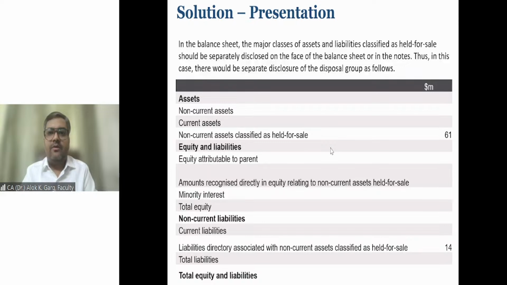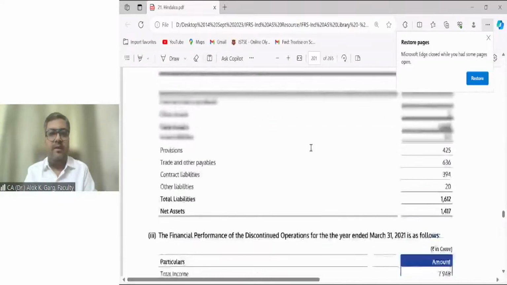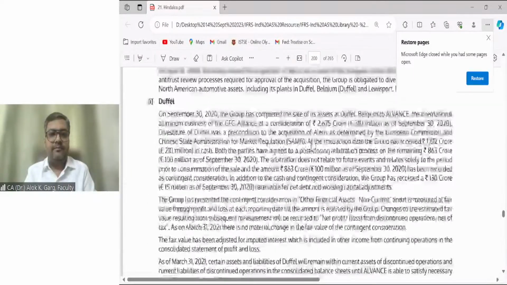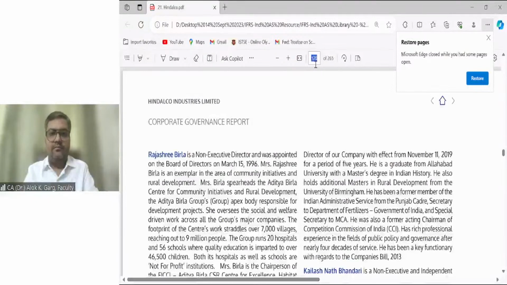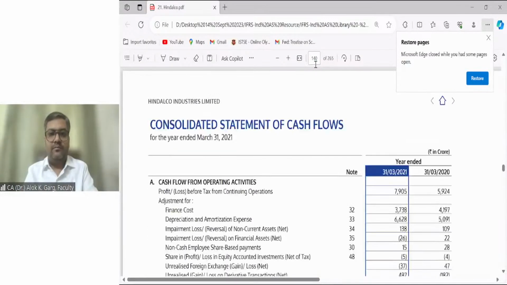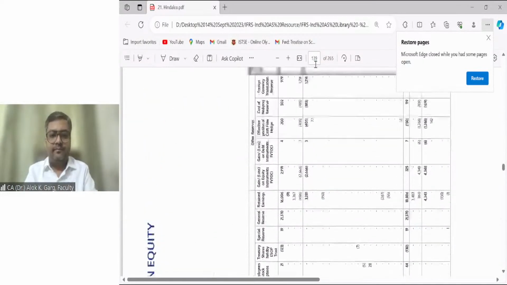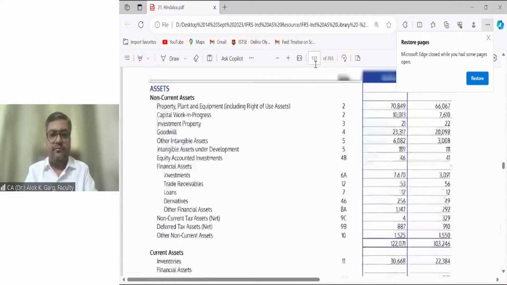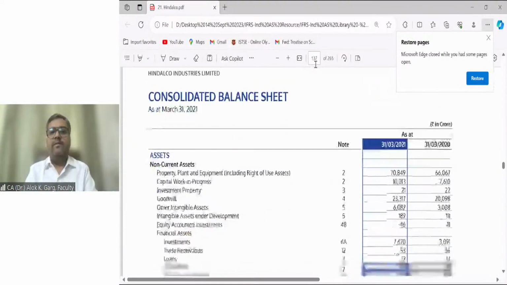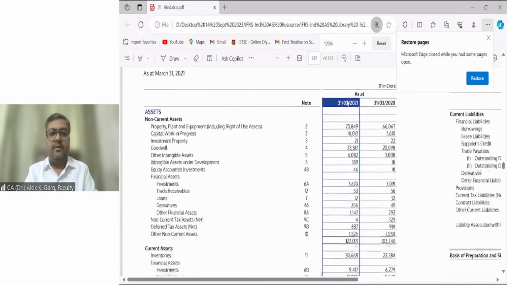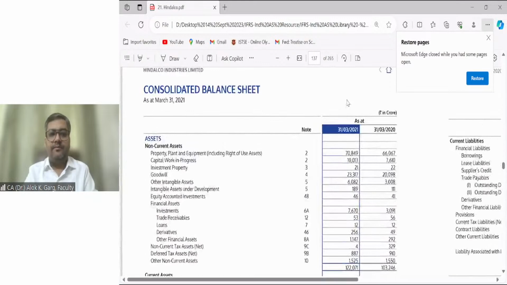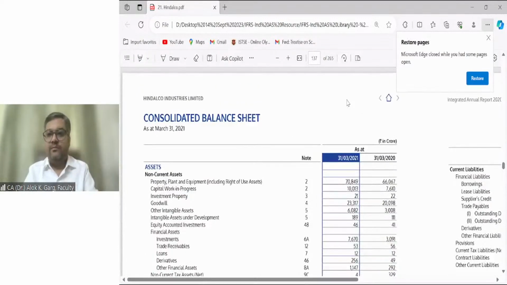I hope it is visible to all of you. This is the balance sheet of Hindalco Industries Limited.